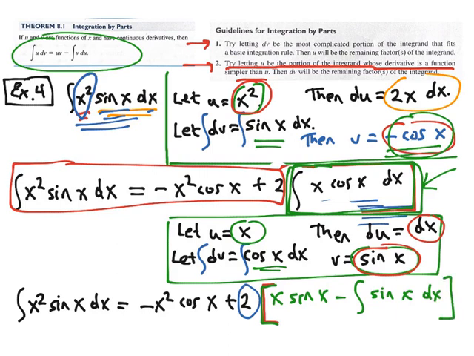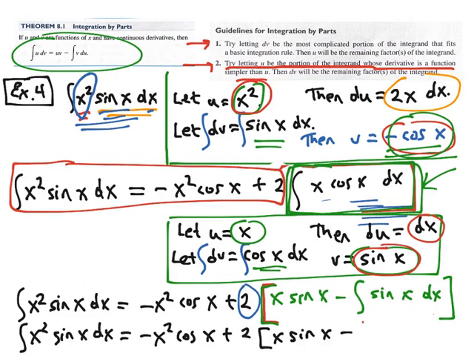And this is good because I know what the antiderivative of sine is. So I can complete my problem now. The antiderivative of sine is negative cosine, so I have minus negative cosine, which is plus cosine x, and then I have plus my constant of integration.